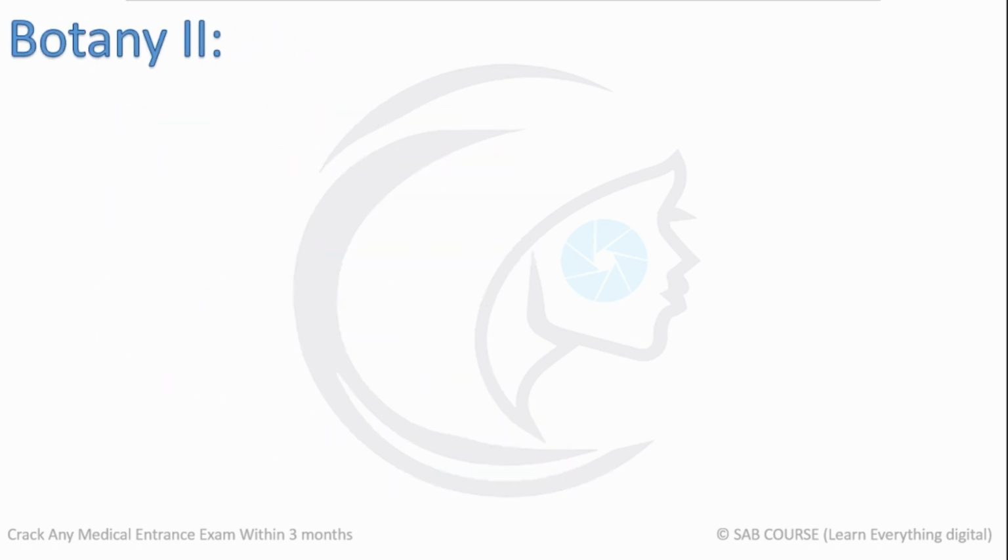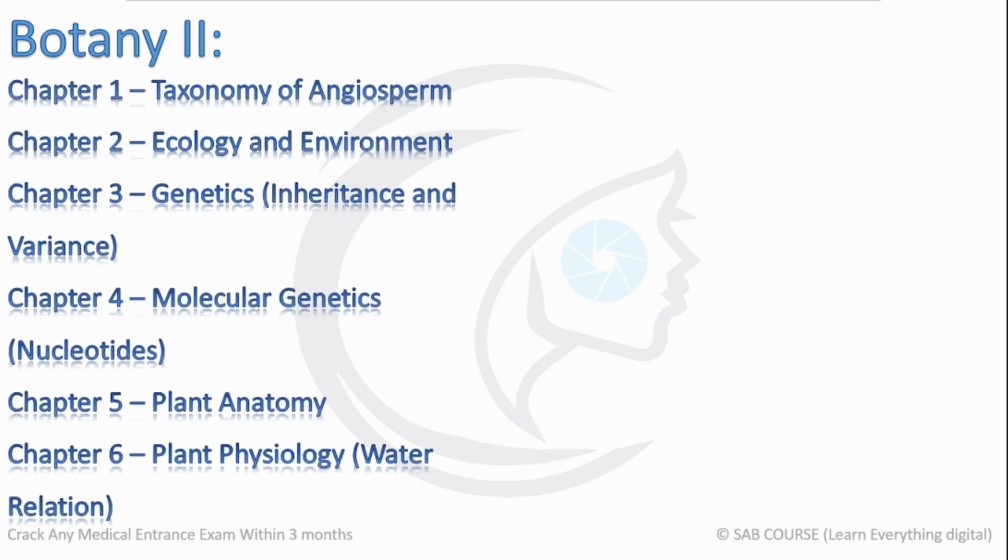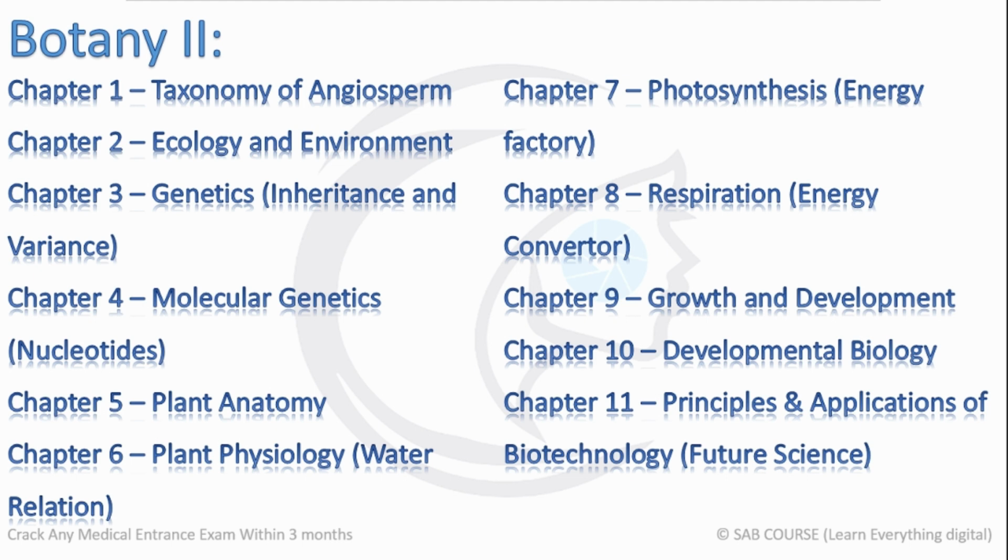Then in the botany 2 section, there are altogether 12 chapters, and we will learn about taxonomy of organisms, ecology and environment, genetic inheritance and variation, molecular genetics, that is nucleotides, and plant anatomy, plant physiology, that is water relations.